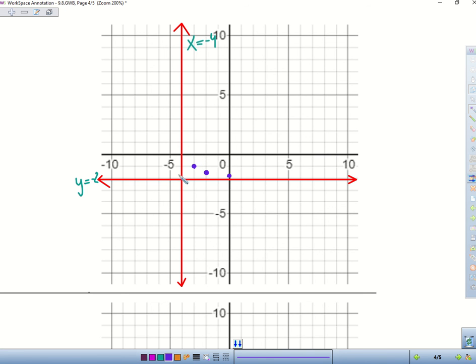And then I have negative 5, negative 3. Negative 6, negative 2.5. And then negative 8, negative 2 point, whatever that is. So now that I have a few points, I can see what my graph's going to look like.